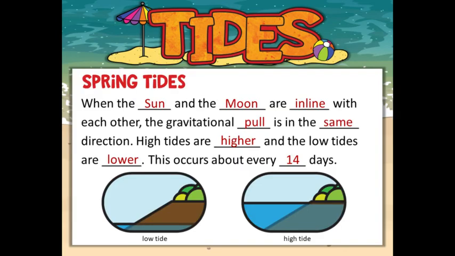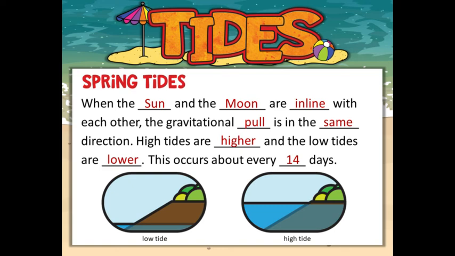Sometimes there are higher than high tides and lower than low tides, and that happens during a spring tide. When the sun and the moon and the Earth are in line with each other, the gravitational pull is in the same direction. So those high tides are higher. It's a stronger gravitational pull.